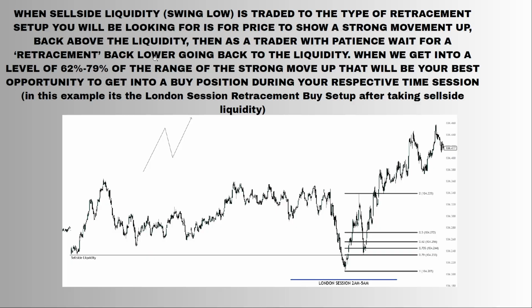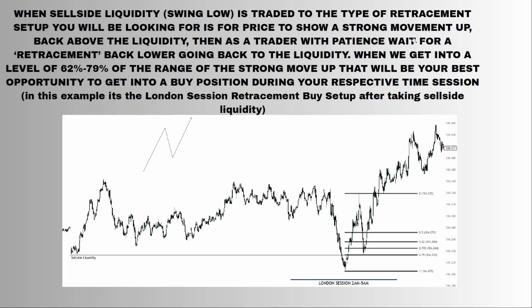When sell side liquidity, which is a swing low, is traded to, the type of retracement setup you will be looking for is for price to show a strong movement up, which is this move, back above the liquidity.